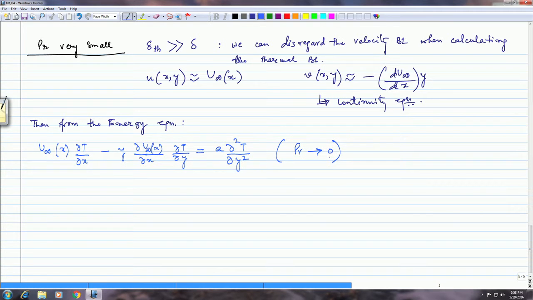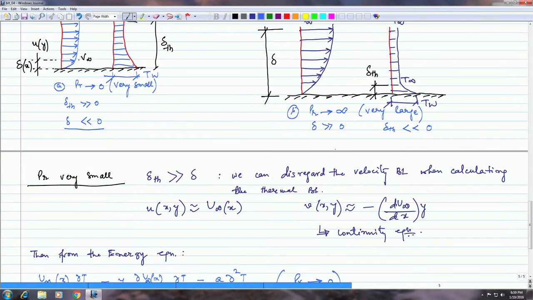So the energy equation looks like this. Like I said, since the thickness of the velocity boundary layer is very small, we disregard it. So what we are essentially saying is that this gradient in the velocity in this little delta x, we just disregard. We say that it's just a free stream the whole way through.